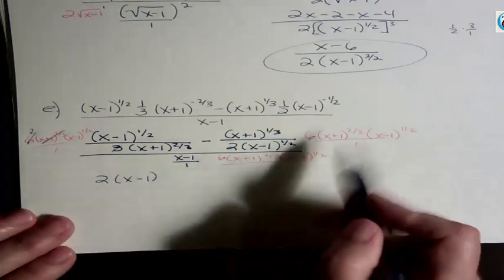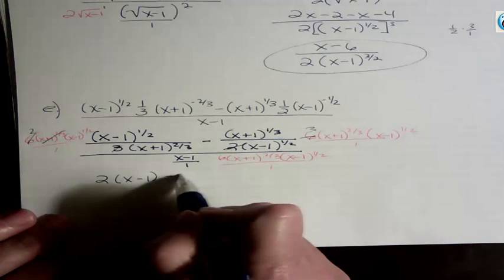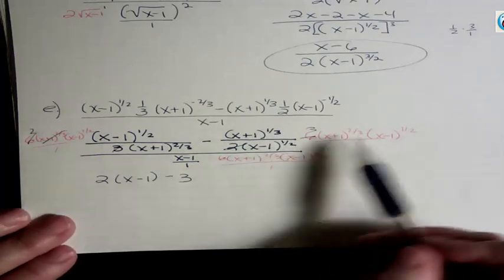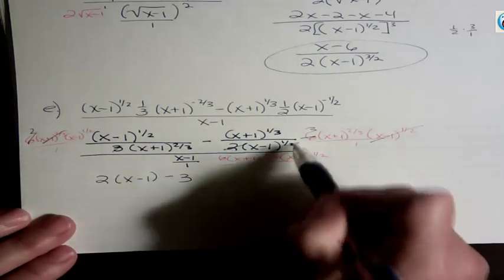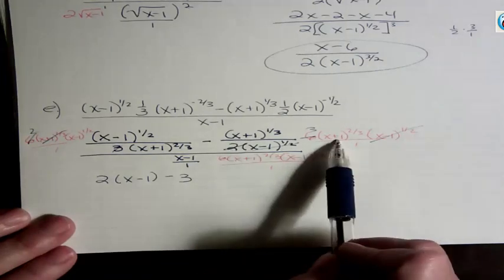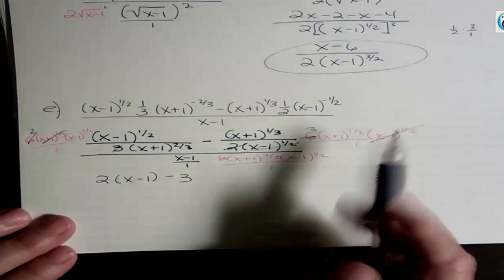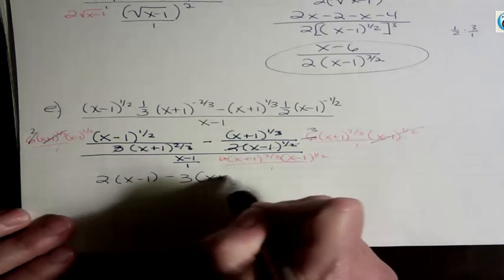Over here, 2 goes into 6 3 times. This is a minus, so I have minus 3. And then the x minus 1 stuff cancels. And I have x plus 1 times x plus 1, and I have 1/3 plus 2/3. That's 3/3, or that's just x plus 1.